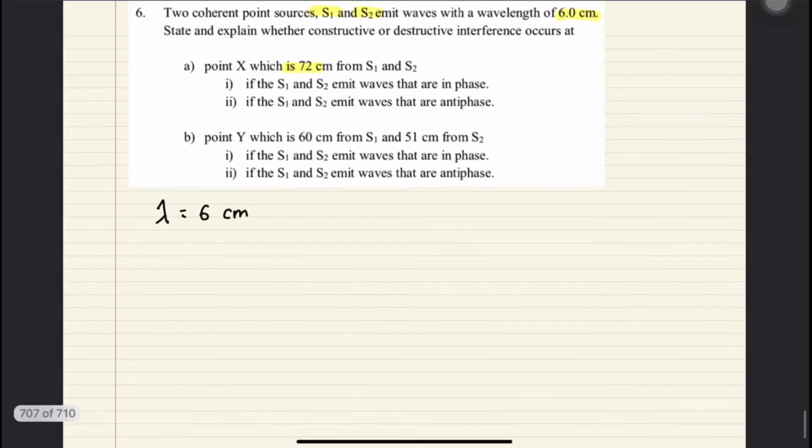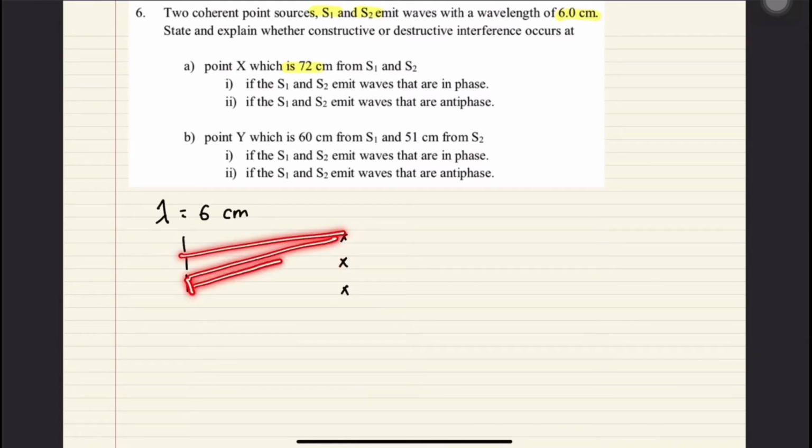Then if you have two slits, the distance from S1 and S2 is equal. So basically it can be in three positions: above, below, or in the center. If the distance is equal from the slits, it will be like this. If it is like this, then this one is longer than that one, so that is incorrect. So the actual position of X is right in the middle.